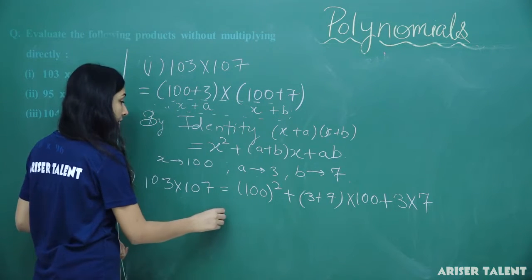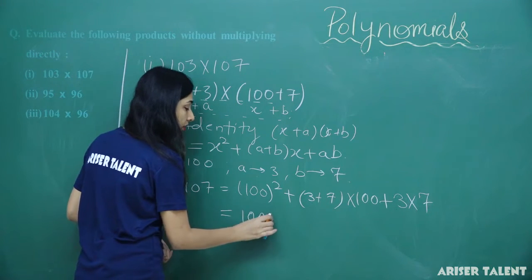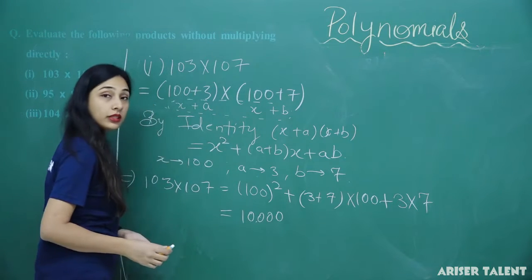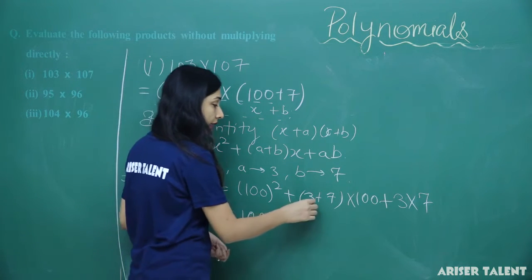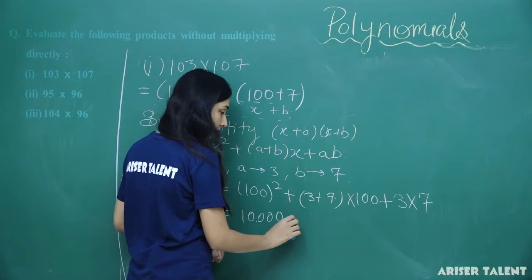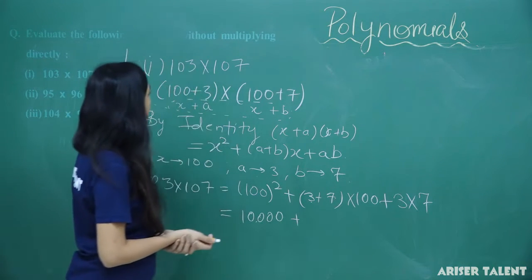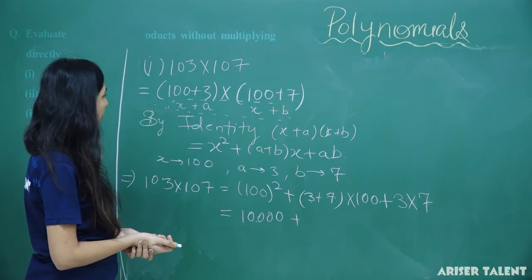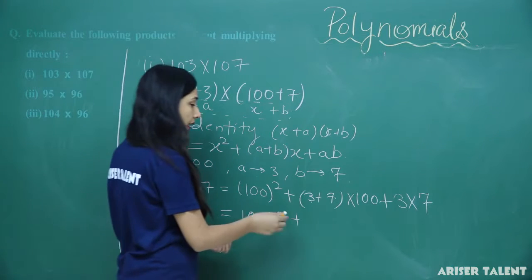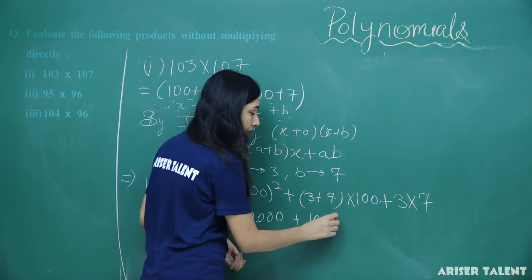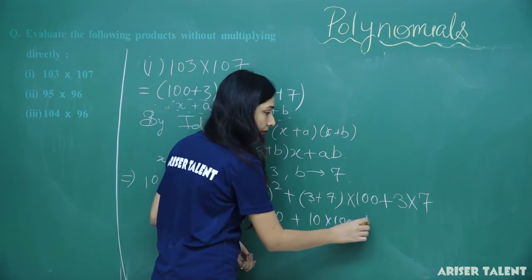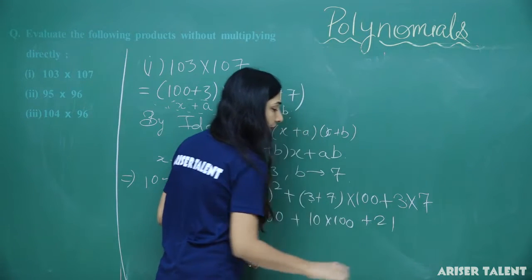Simple. Now you will get 10,000 here, then plus 10 times 100, that is 1000, plus 21.